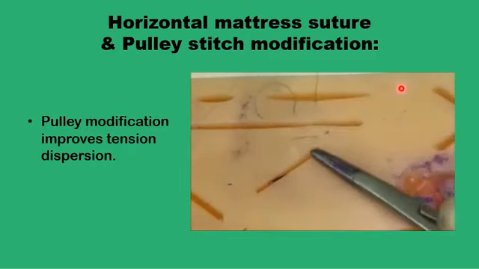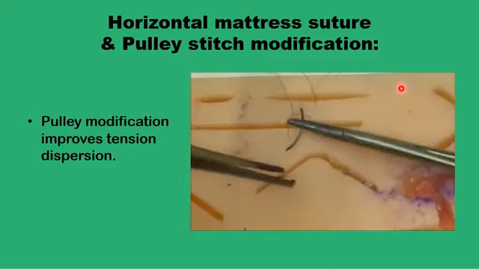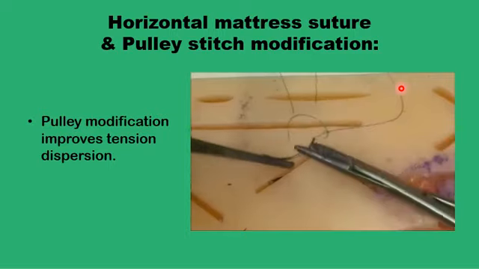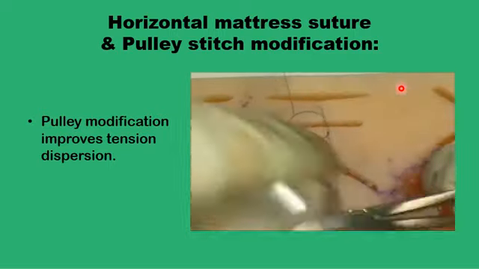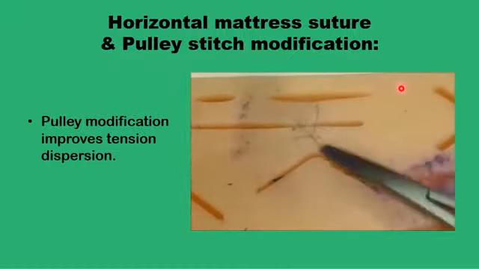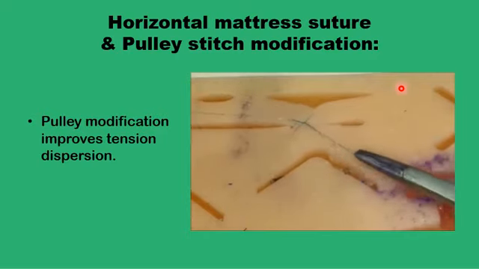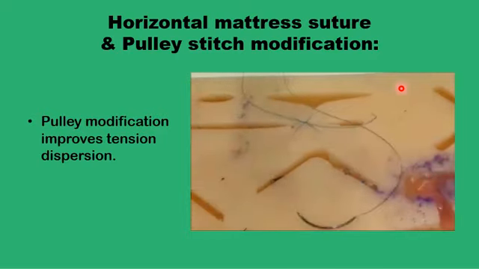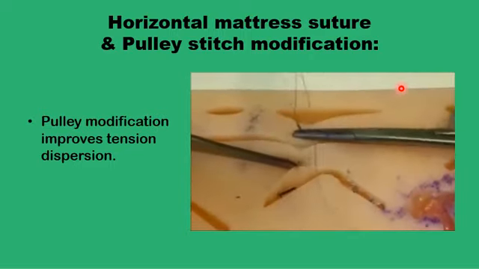Now, rather than tying the knot here, we just introduce the pulley modification. You pull the needle through a loop of the suture, and this is going to produce the pulley modification, which disperses the tension much better with a cruciate configuration.